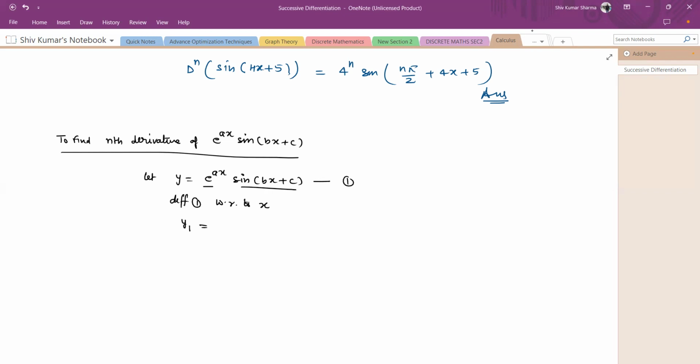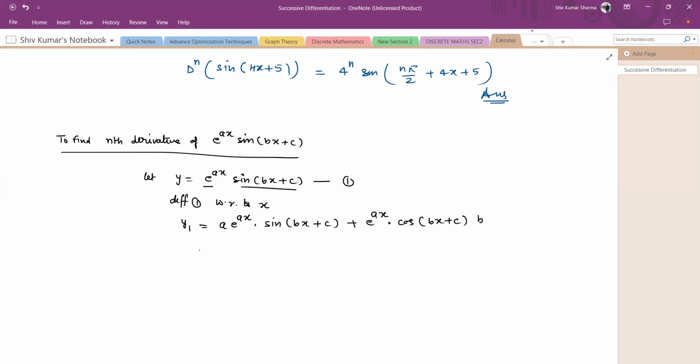First we take the differentiation of the first, which is a into e raised to the power ax, into the second as it is, sine(bx + c), plus first function as it is, e raised to the power ax, into differentiation of the second, cos(bx + c) into differentiation of bx + c, which is b.